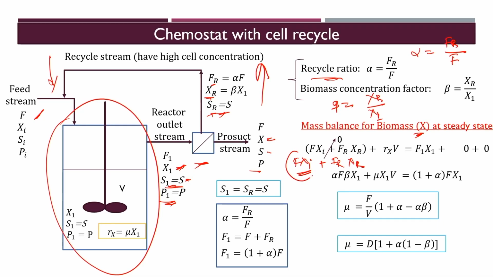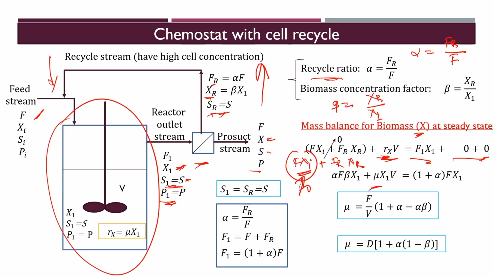Only Xi is 0, so this term will be 0 and this term will be there, plus rate of biomass generation Rx into V, going out F1 X1, and the rate of utilization of biomass is 0, and the rate of accumulation at steady state is 0. So, we get Fr Xr plus Rx, which is mu into X1 into V, equals F1 X1.